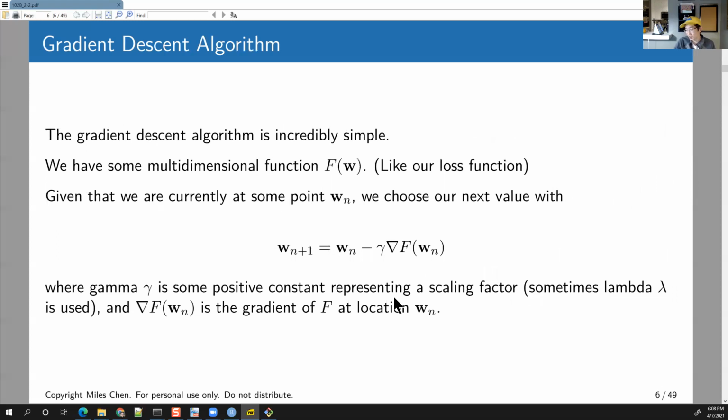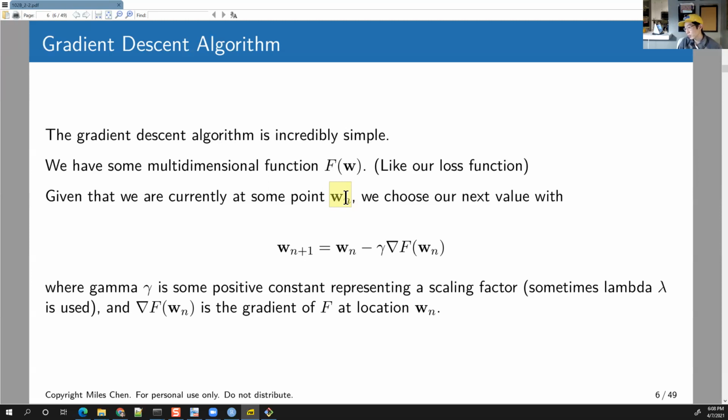So the entire algorithm for gradient descent is about as simple as algorithms get. The calculations that get involved can be a little bit messy, but the algorithm itself is very, very simple. We say we are currently at some location, a vector W at time n.